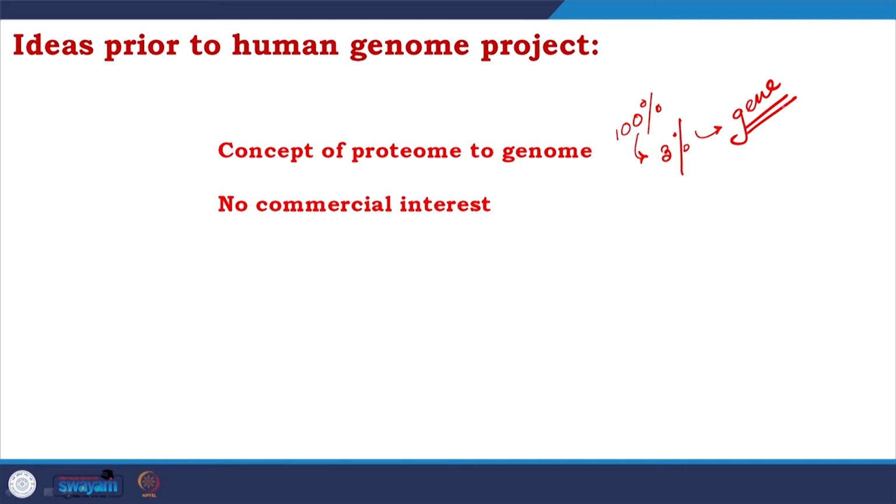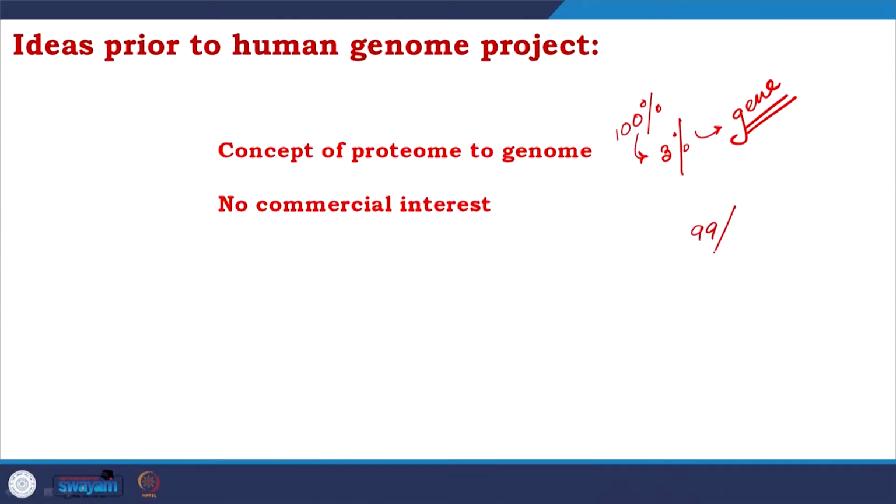So that concept was clearly missing. Another thing was, people had the idea that within one organism, most of the genomes are pretty identical. So let's take between you and me, if we have, let's say, 99% identity in the genome, we will wait for each other, because we know that if I sequence my genome, you could read yours from that, or vice versa.